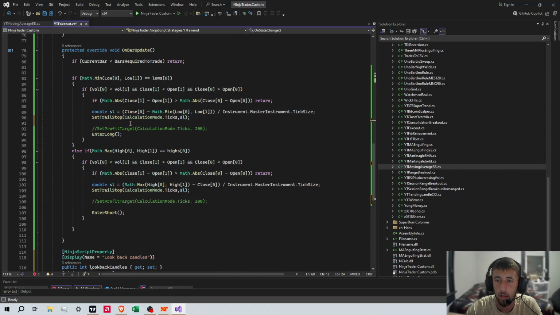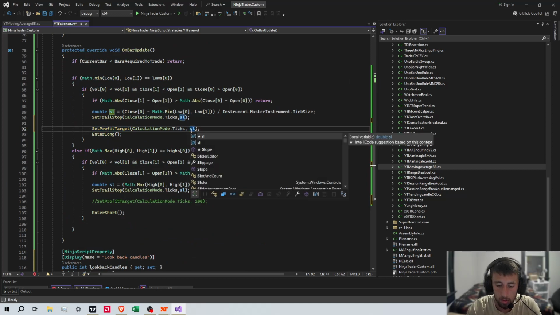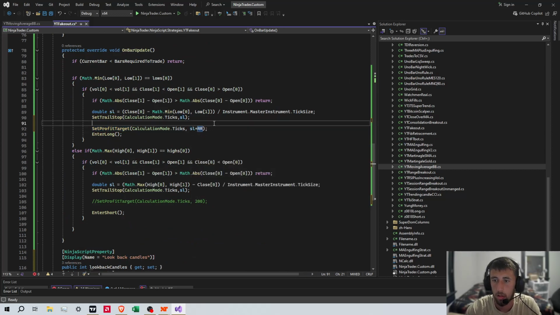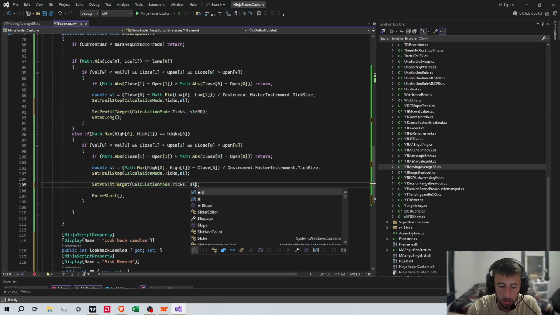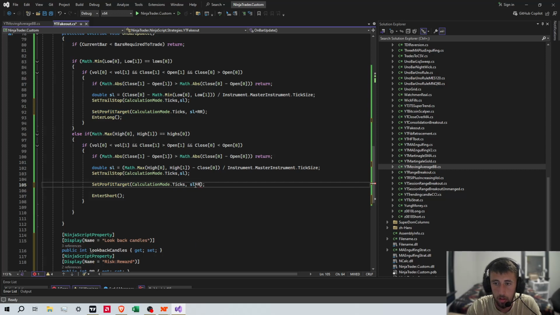Default of 1, and then all we do is ticks, and then we do stop loss times RR. Because our stop loss is going to be, whatever, 20 ticks, RR multiplied by 2 becomes 40, and that's a 2 to 1 RR. Same thing here. Stop loss times RR.